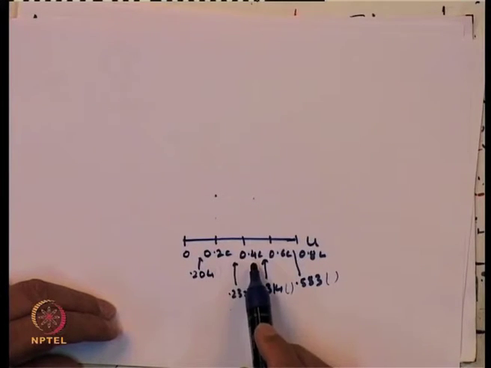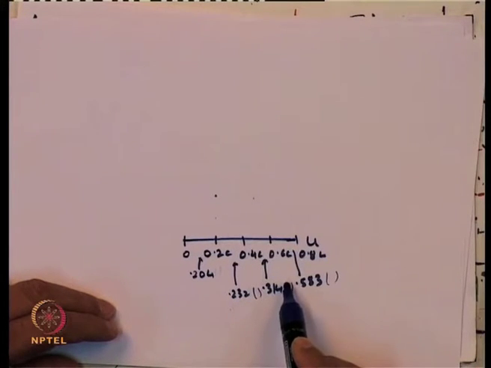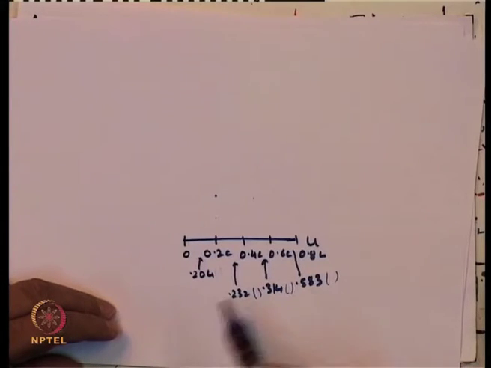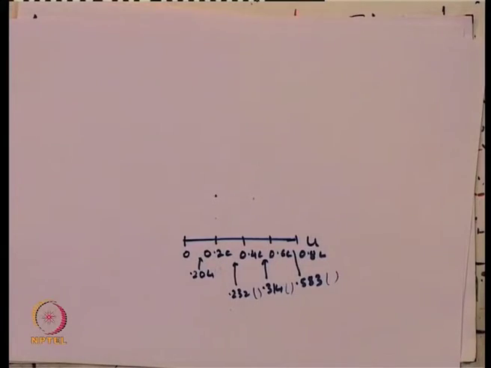Between 0.2c and 0.4c, it takes larger time. Between 0.4c and 0.6c, it still takes larger time, and between 0.6c and 0.8c, it still takes larger time. So, as the particle is approaching the speed of light, we are seeing that to make the same changes in the speed, you require larger and larger time, and that is expected because now you are approaching the speed of light, and as we know, we cannot really reach the speed of light according to relativity.